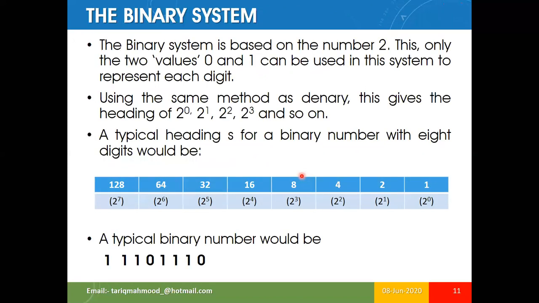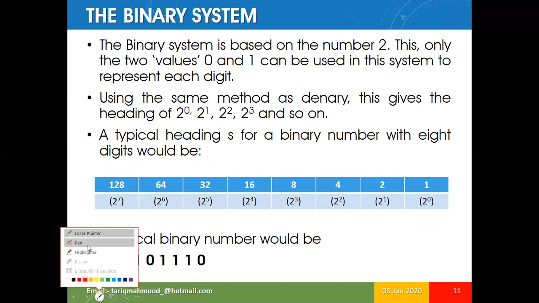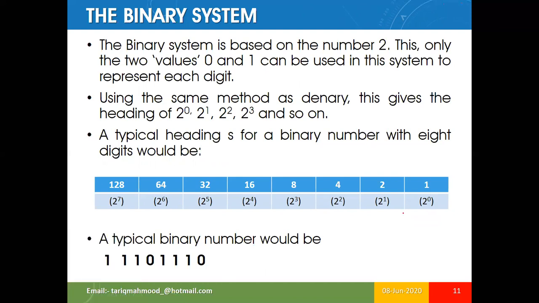If I go back to the previous slide, consider these things. We put the 0 over here; the first digit is represented over here. I may write it with the pen. We have 0 over here, 1 over here, 1 over here, 1 over here. Then again 0 over here, then 1 over here, 1 over here, and 1 over here.